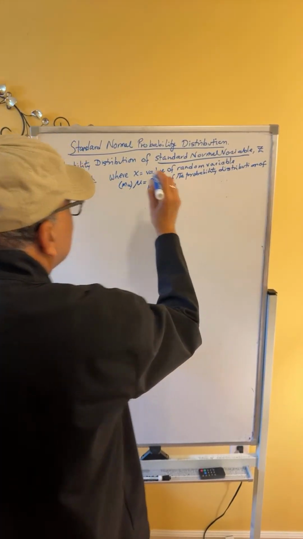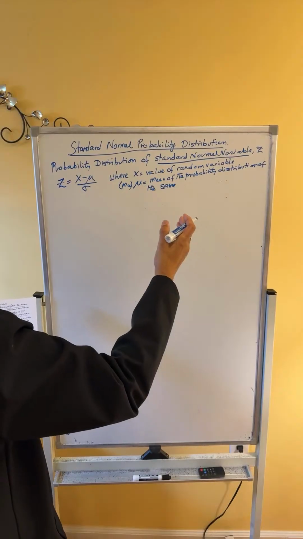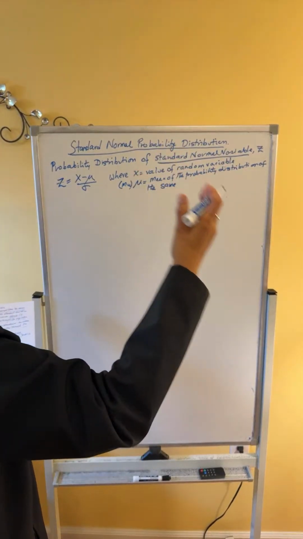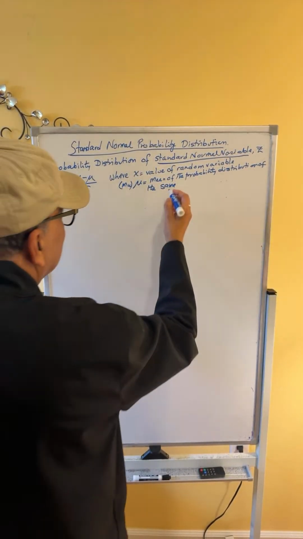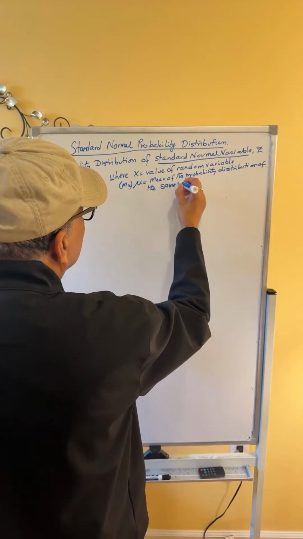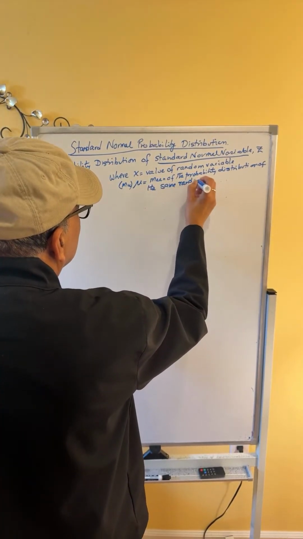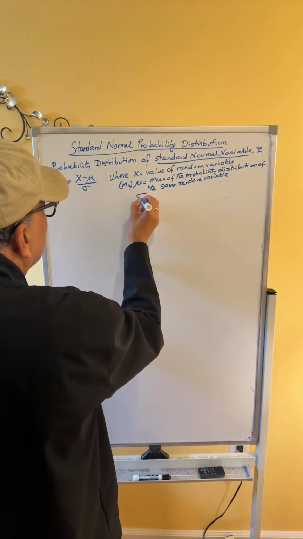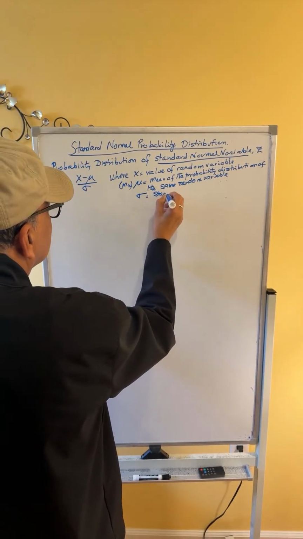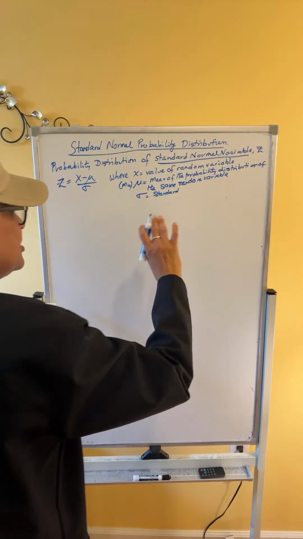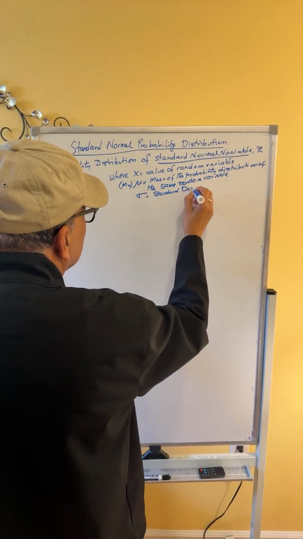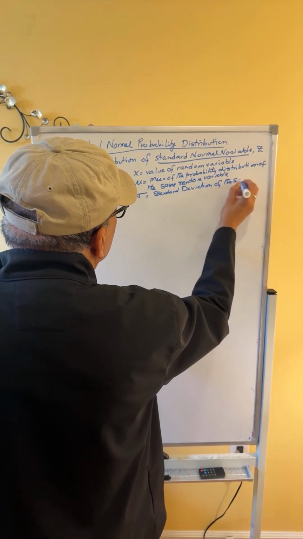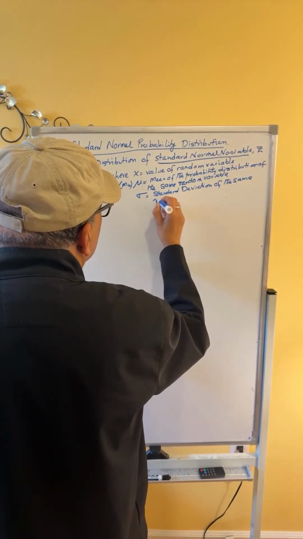Now you may be thinking, what is a random variable? Anything that varies from person to person, like age or height, is a random variable. And sigma is the standard deviation, that means an average deviation from the mean, of the same random variable.